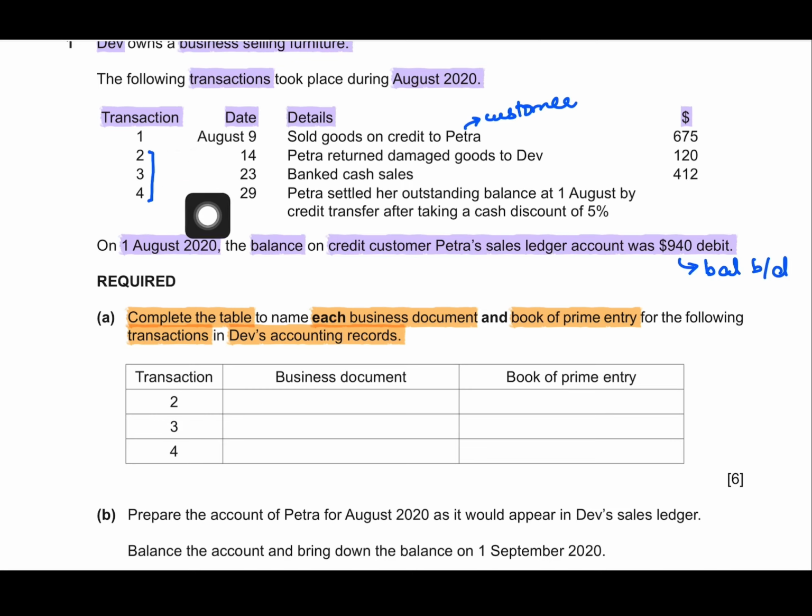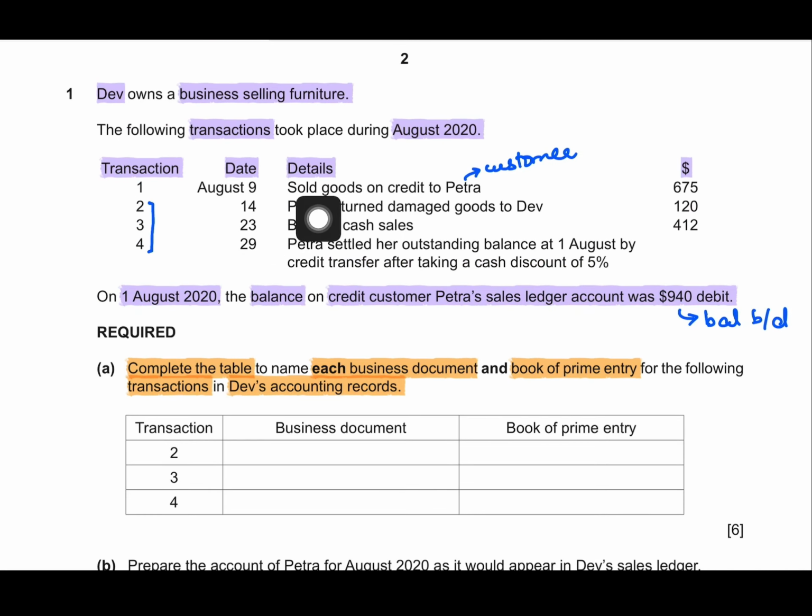However, even if you were asked to mention the business document and the book of original entry for transaction number 1, then what is happening on August 9 in the first transaction? Dave is selling goods on credit to Petra. So in order to record this transaction, a sale on credit, Dave would be recording this in which business document? In his sales invoice, right?